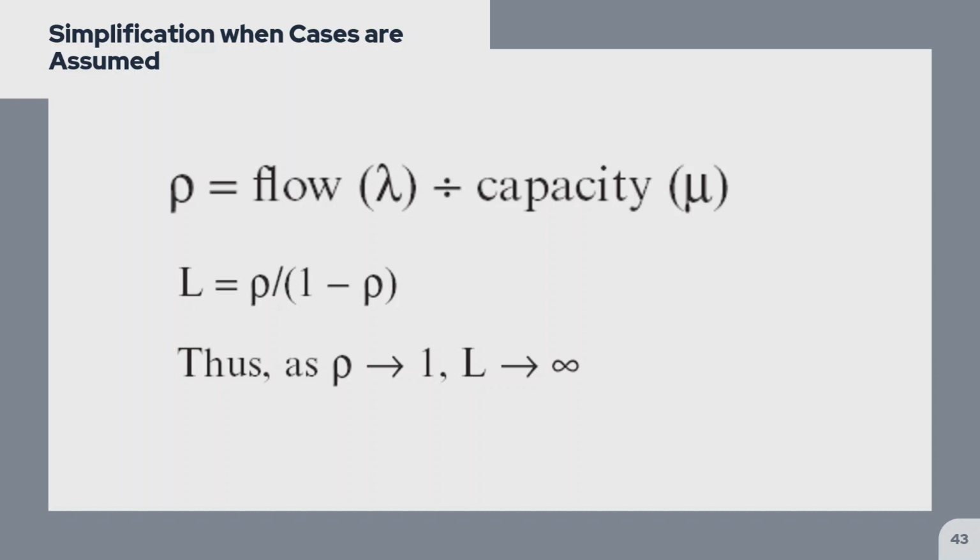Therefore, we can simplify the equation as follows. In reality, however, this is not the case with queue lengths where the ratio of flow to capacity reaches unity. Thus, at or near capacity, steady-state theory overestimates delays or queues.